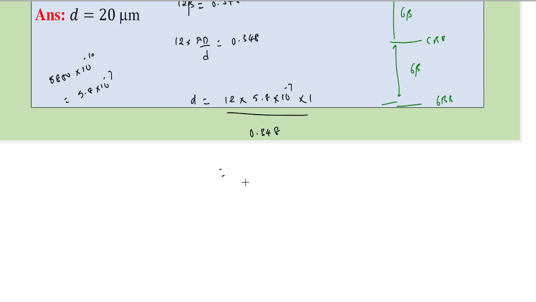If you solve this, this will be 12 into, divide this and see, that will be equal to 16.67 into 10 power minus 7, that is approximately 200 into 10 power minus 7 meter, or 20 micrometer. So this is the required answer for this question.